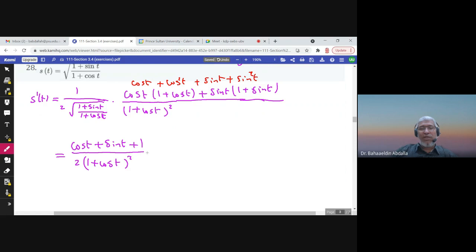I can write it if I like, square root of 1 plus cosine t over 1 plus sine t. So I write the reciprocal of what is inside the square root. All right.